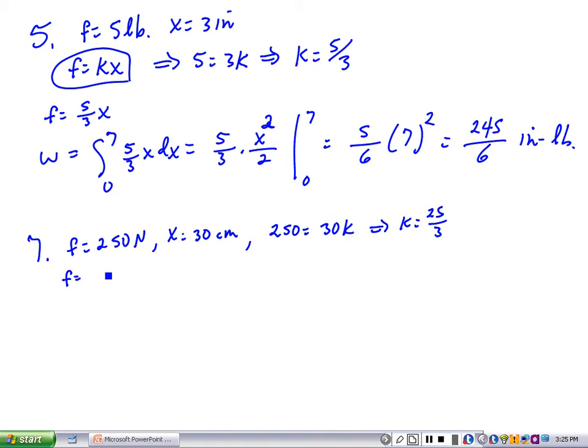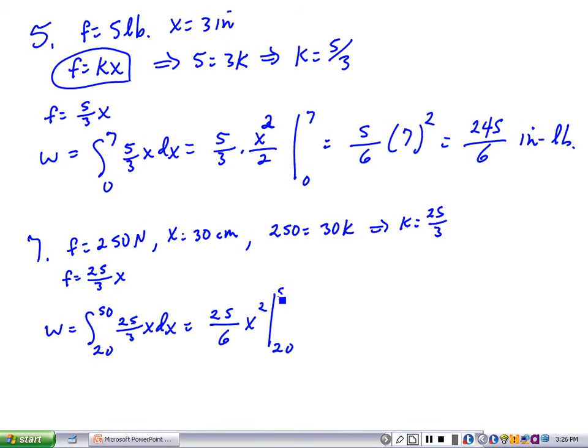So the force formula is given as 25/3 times x. So now we integrate to find the work. This is the integral. Here we're going from 20 centimeters of the stretch to 50. So we have 25/3 x dx. So this gives us 25/6 times x squared.